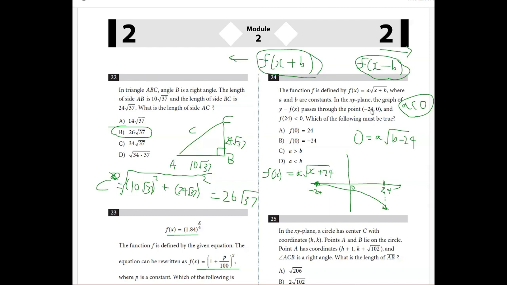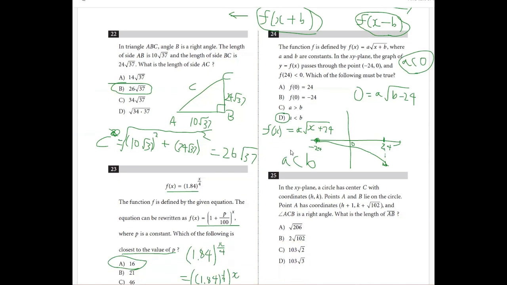If I put minus 24 here, it makes sense, right? And when you see the pattern, this is a decreasing rational function here. So we know that a has to be less than b. So D, as in David, is the correct answer.